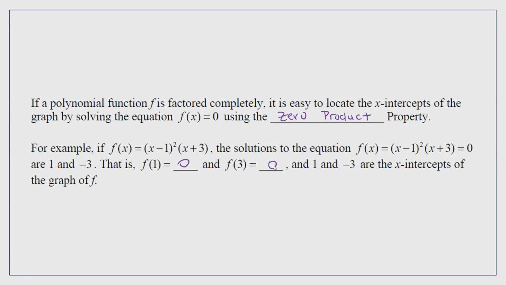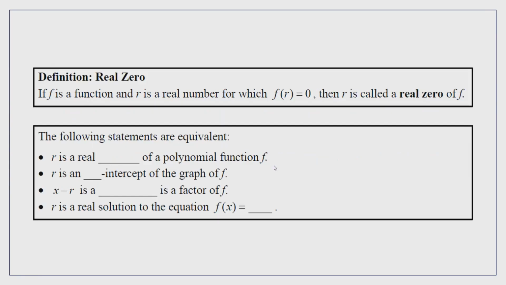Okay. So now let's define the real zero. If f is a function and r is a real number for which f of r equals 0, then r is called a real zero of f.